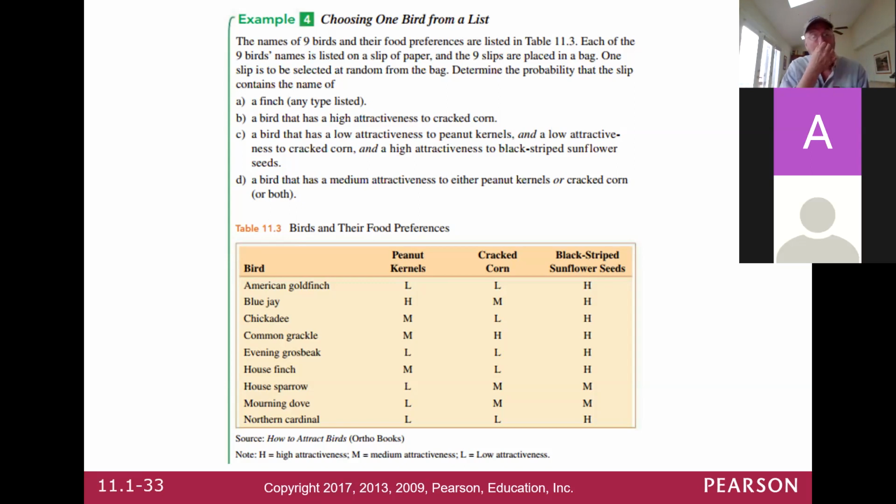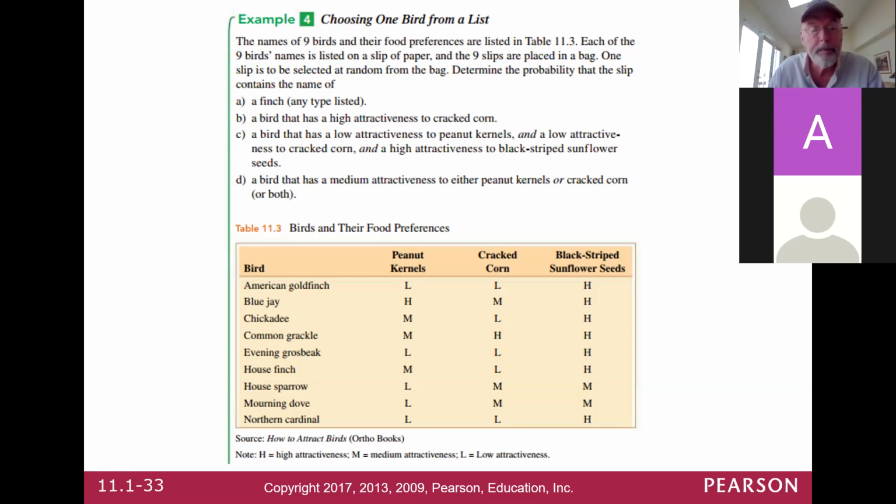22.2%. Okay, and how'd you get that? Because there's 9 different birds and there's only 2 finches, so you do 2 divided by 9, and then you get 0.222, and then a whole bunch of other 2s. So if you just narrow that down, it goes to 22.2. And that's a percent, right?